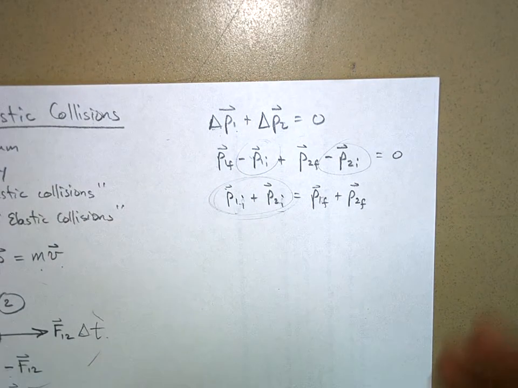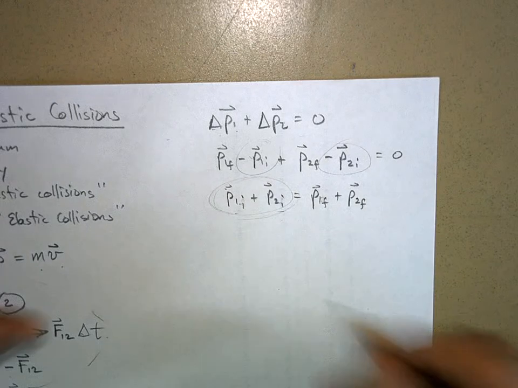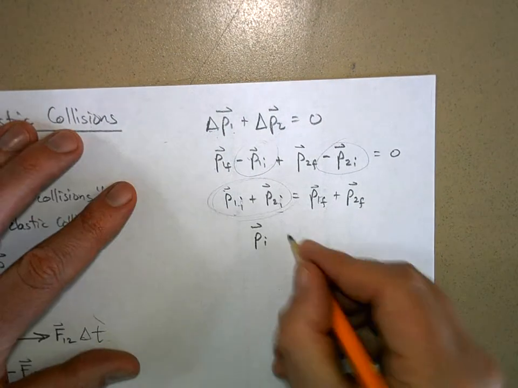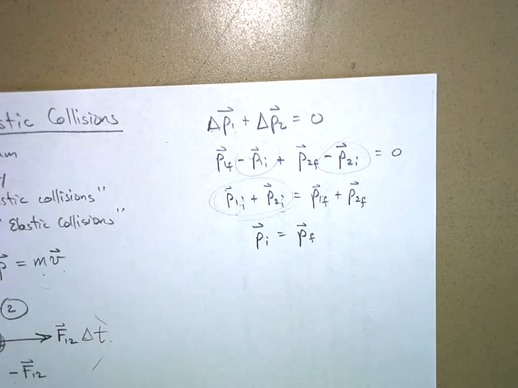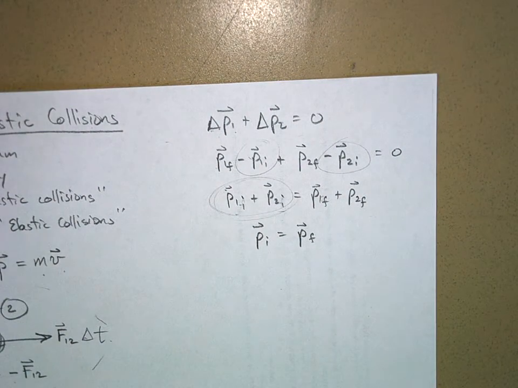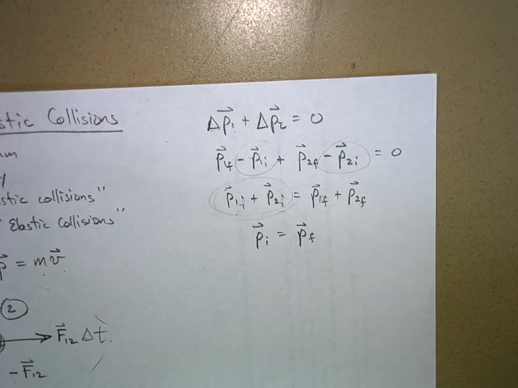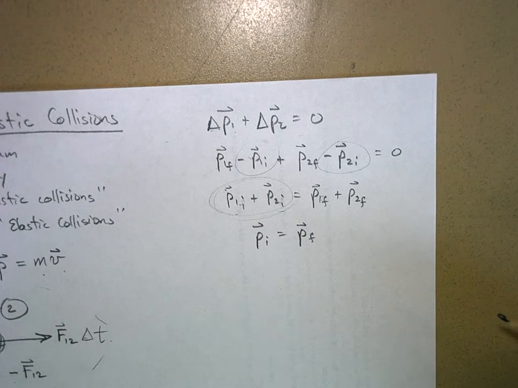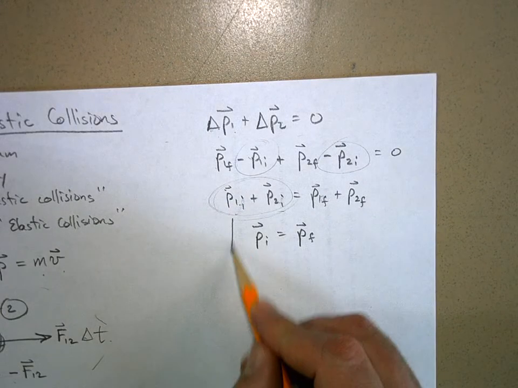This is the total initial momentum of my system, P initial. The total amount of momentum in my system equals P final. In other words, the total amount of momentum in my system doesn't change during a collision. Okay, so we just kind of reproved all that theory that we did a few weeks ago. Now this is true for all collisions.